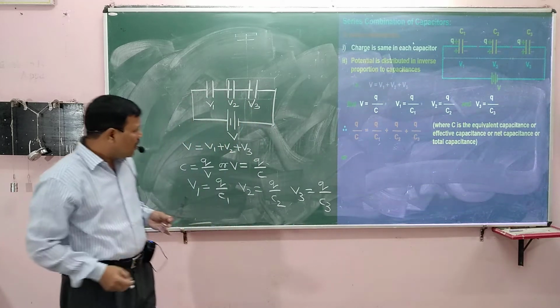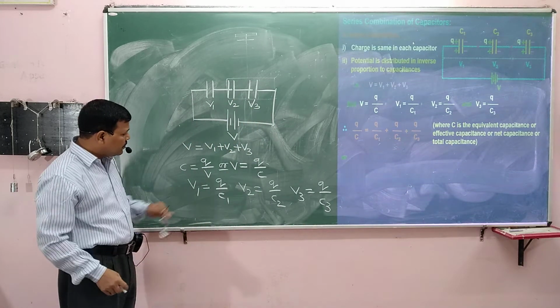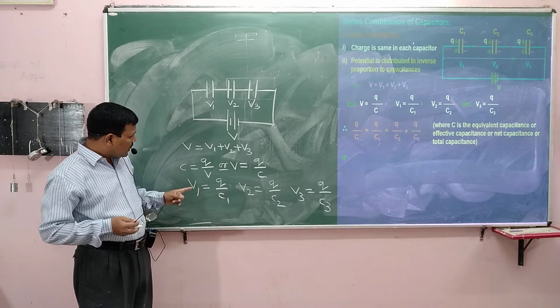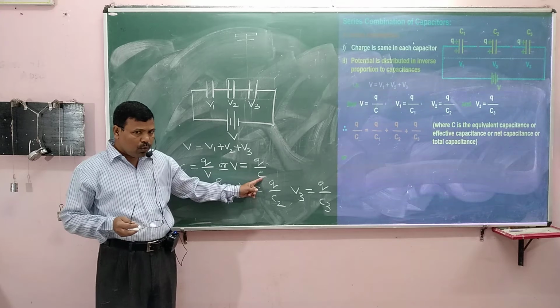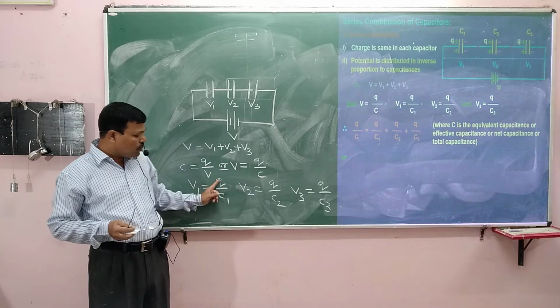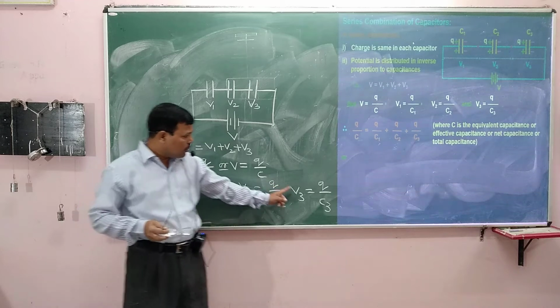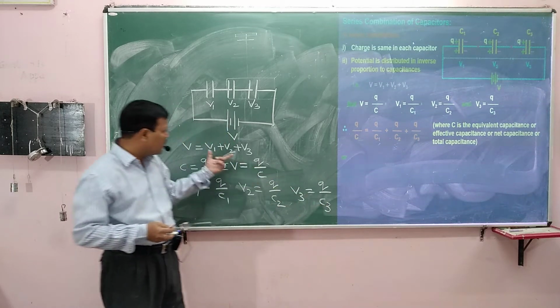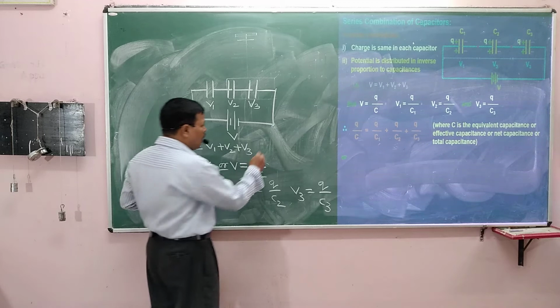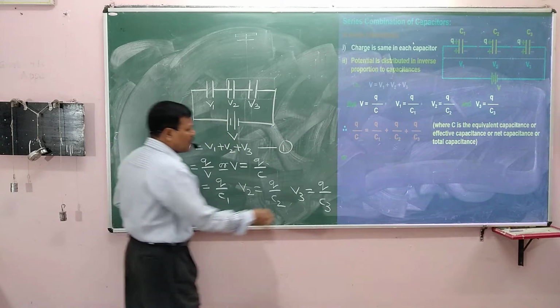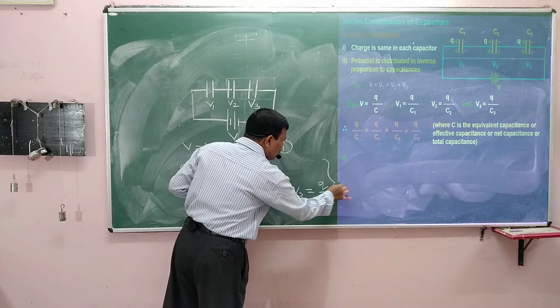Then, V is equal to Q by C, V1 equal to Q by C1, V2 equal to Q by C2, V3 equal to Q by C3. Call the first equation number 1 and this equation number 2.